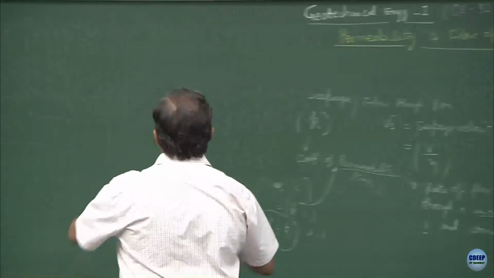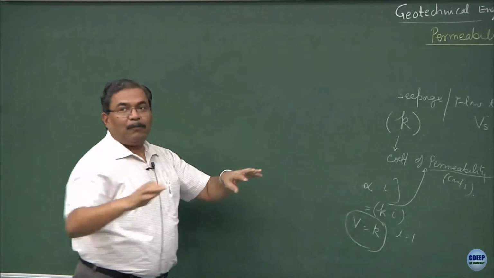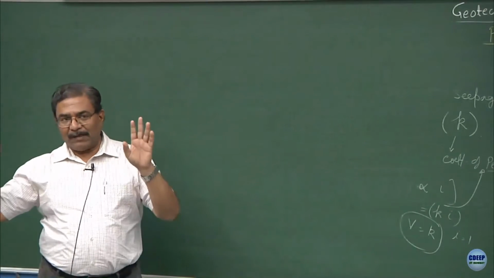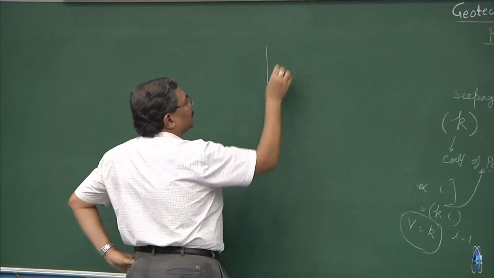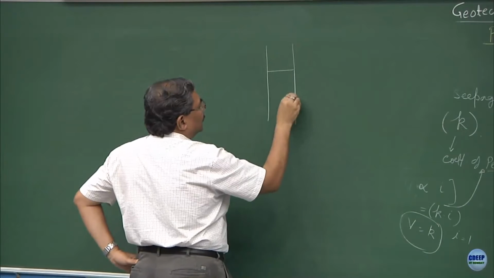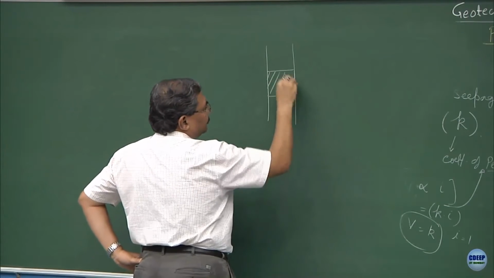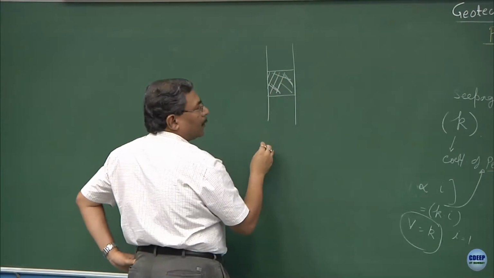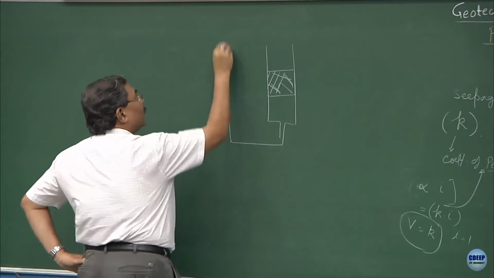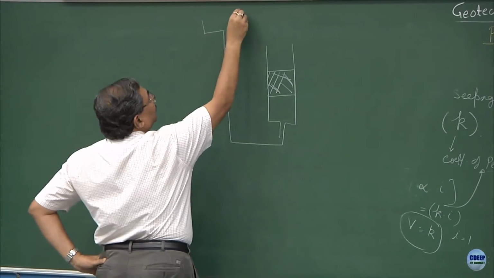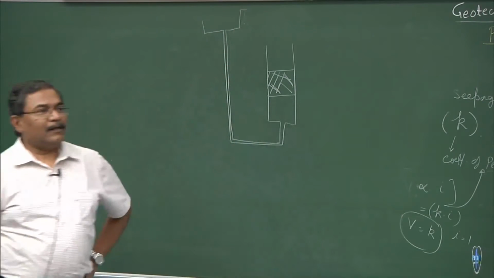Now, suppose I am going to play with the boundary conditions. Please have a close look at what I am going to discuss. This is my tube and this is the porous media, fine. Now, what I will do is connect it to a water bath. Is this okay?